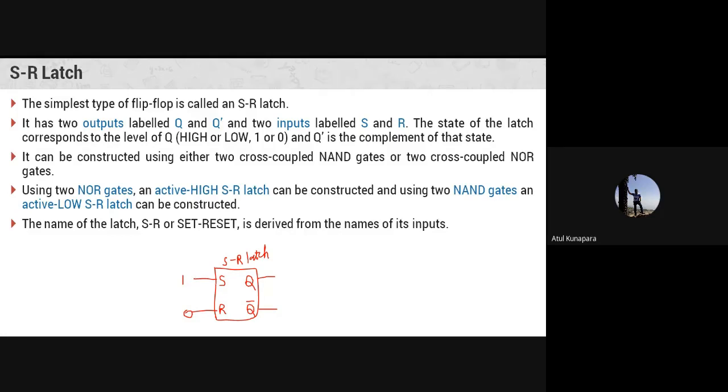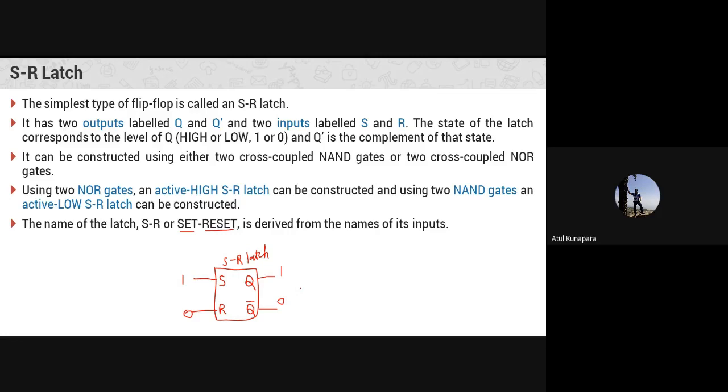S stands for set, right? S for set and R for reset. So when you are giving the logic high value at the set input, your output Q is going to be set to 1. And when Q is 1, obviously Q bar is going to be 0. So we can say our latch is in the set condition. Are you getting my point? So in the SR latch, when we are giving input 1 at input S, your output Q will be set to logic 1. That's why we call it a set input.